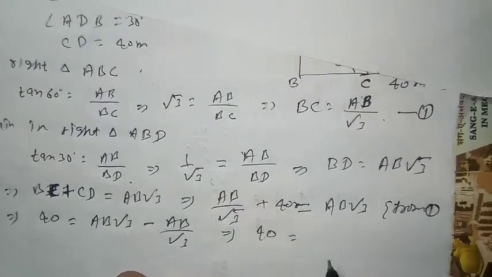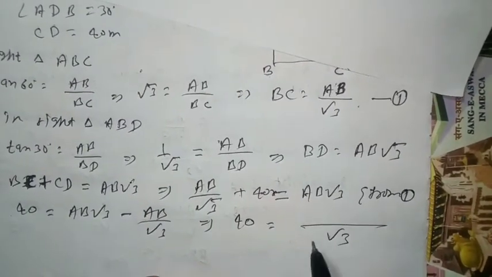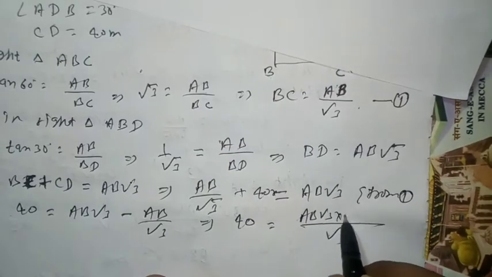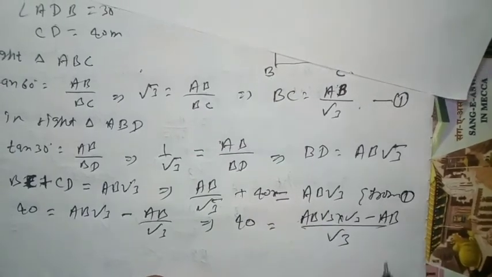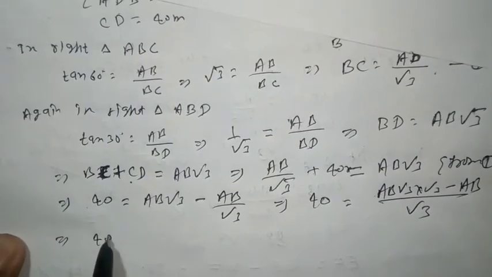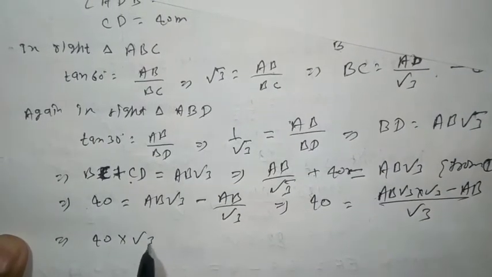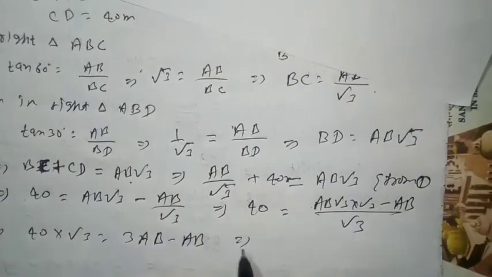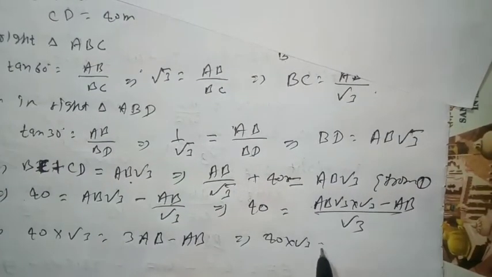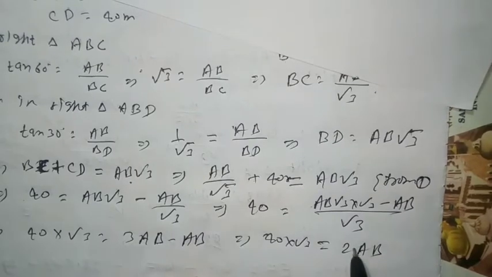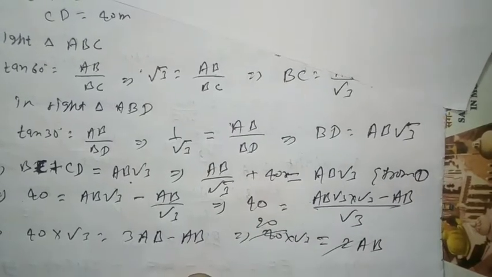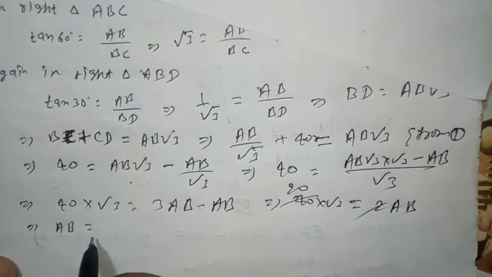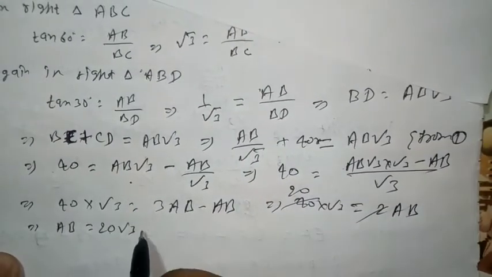Implies 40 is equal to, LCM is root 3, then AB root 3 into root 3 minus AB. Implies 40 into root 3 is equal to 3AB minus AB. Implies 40 into root 3 is equal to 2AB. 2 divided by, then we get 20. Implies AB is equal to 20 root 3 meter.